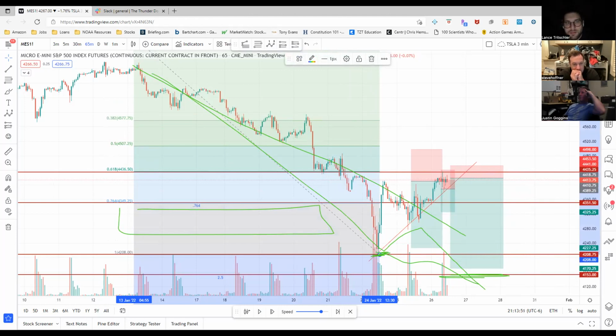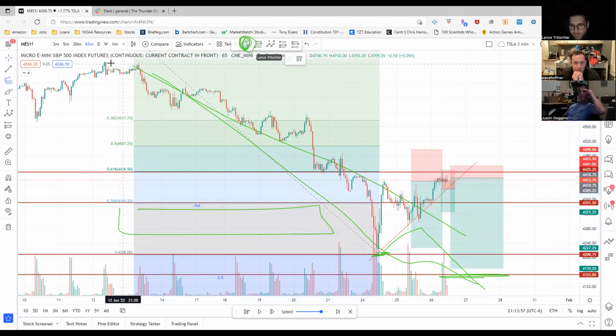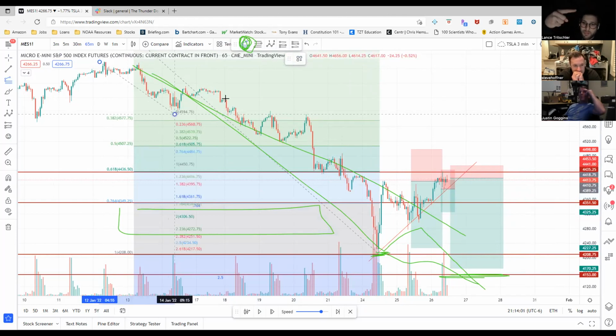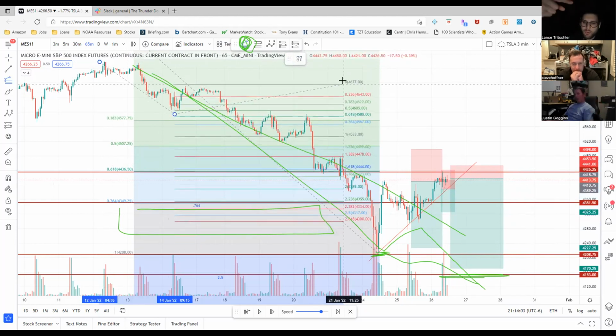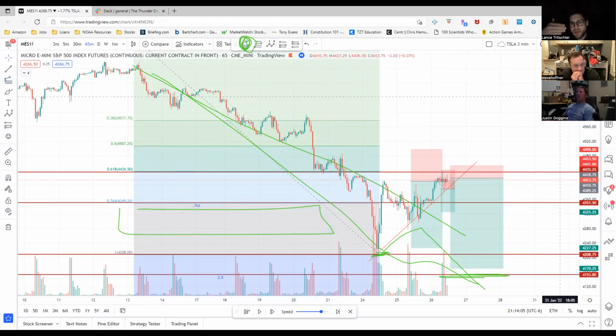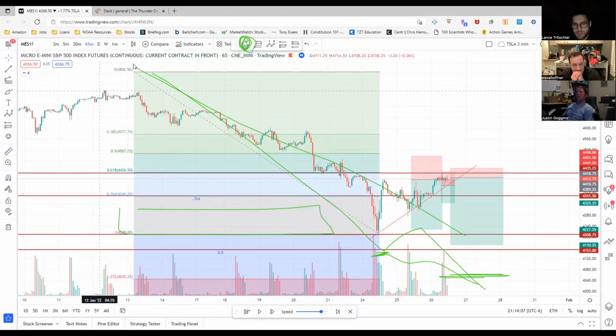That's our extension tool. The extension is going to tell us where the wave 5 ends. The retracement is going to say where the high of the wave 4 should be, or the low if this is a long position. Where it should bounce to, the size of the bounce. So that's the retracement tool.